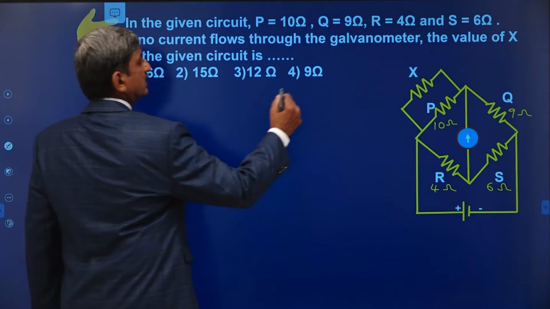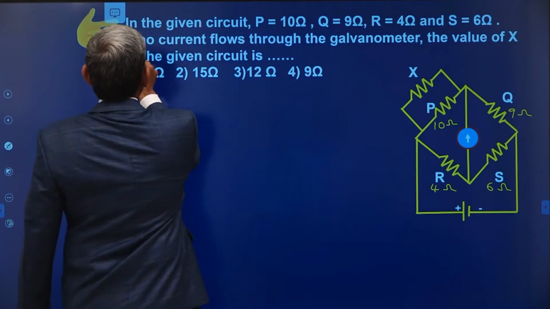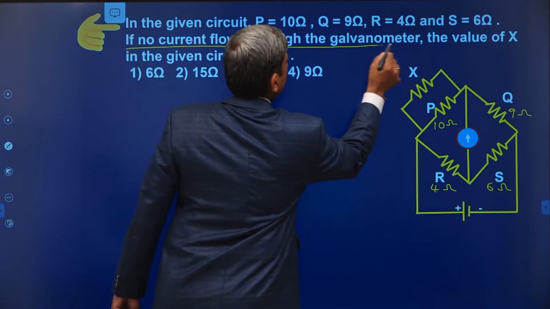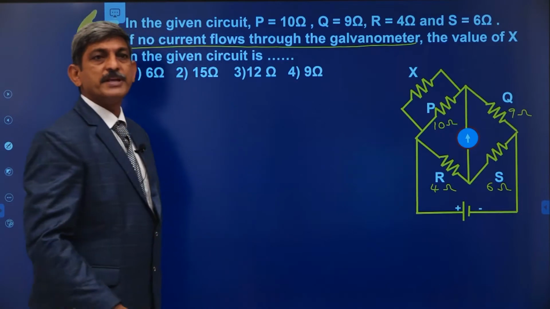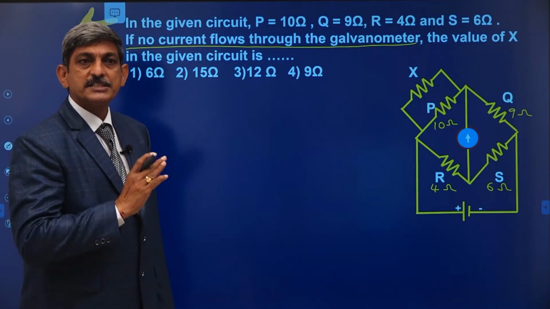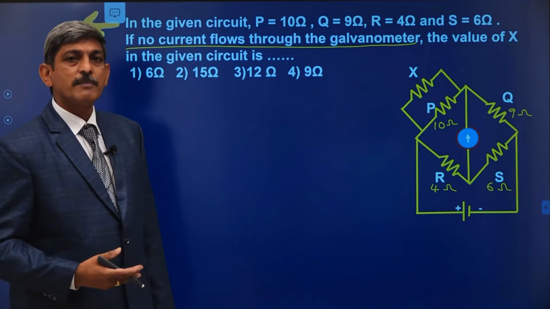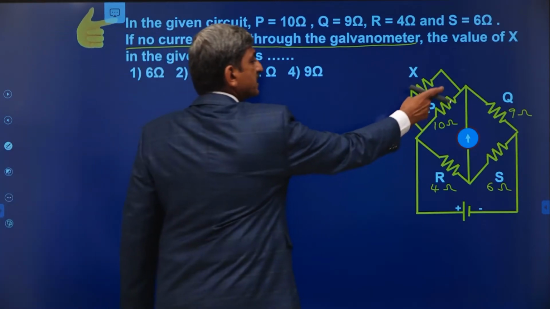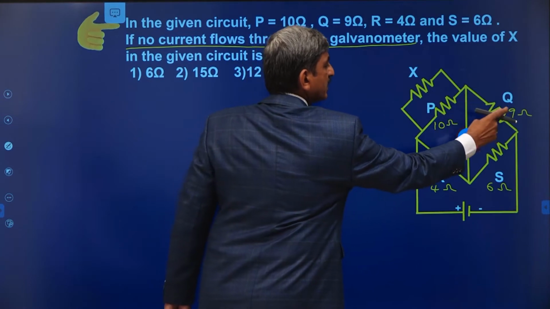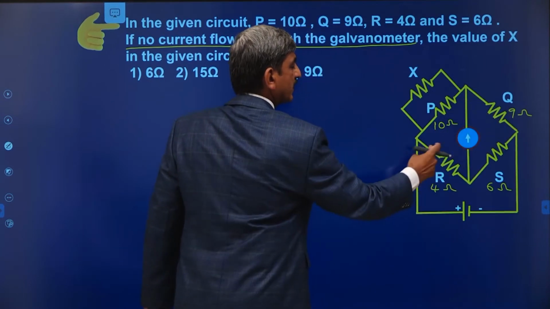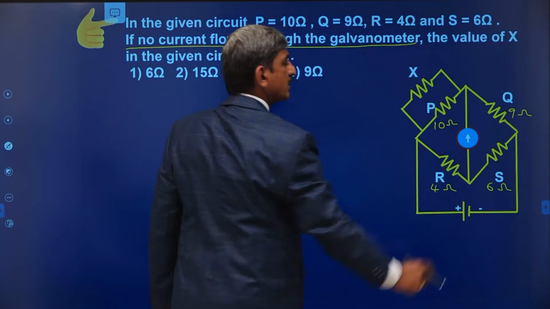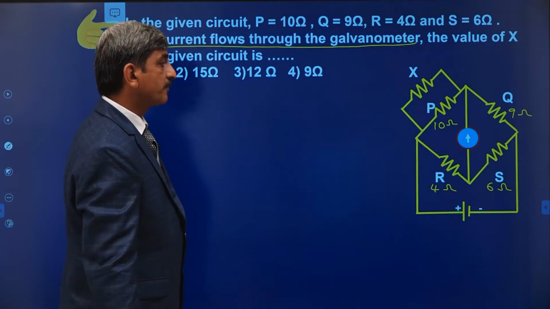It is given that no current flows through the galvanometer. It means that the Wheatstone bridge is under balancing condition. We know that whenever the Wheatstone bridge is in the balancing condition, the resistance of this arm divided by this arm is equal to the resistance of this arm divided by this arm. So what can we write?